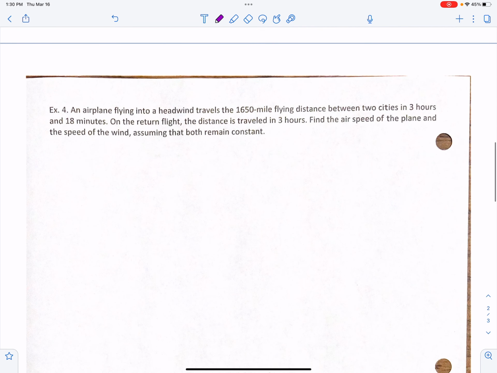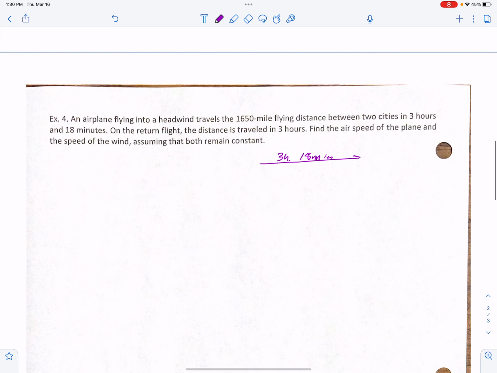All right, so in example 4, we have an airplane flying into a headwind, and it travels this 1,650 miles between two cities in 3 hours and 18 minutes. So it takes 3 hours and 18 minutes to fly one direction, and that's a total of 1,650 miles.